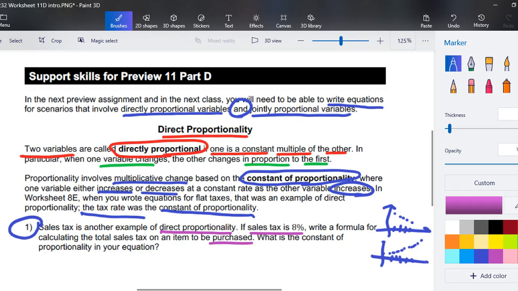Maybe we could call this T for the amount of tax that we're going to pay. The amount that we're going to pay is 8/100ths times the cost of the item. This is a way to write the equation, and the constant of proportionality is our 8/100ths.